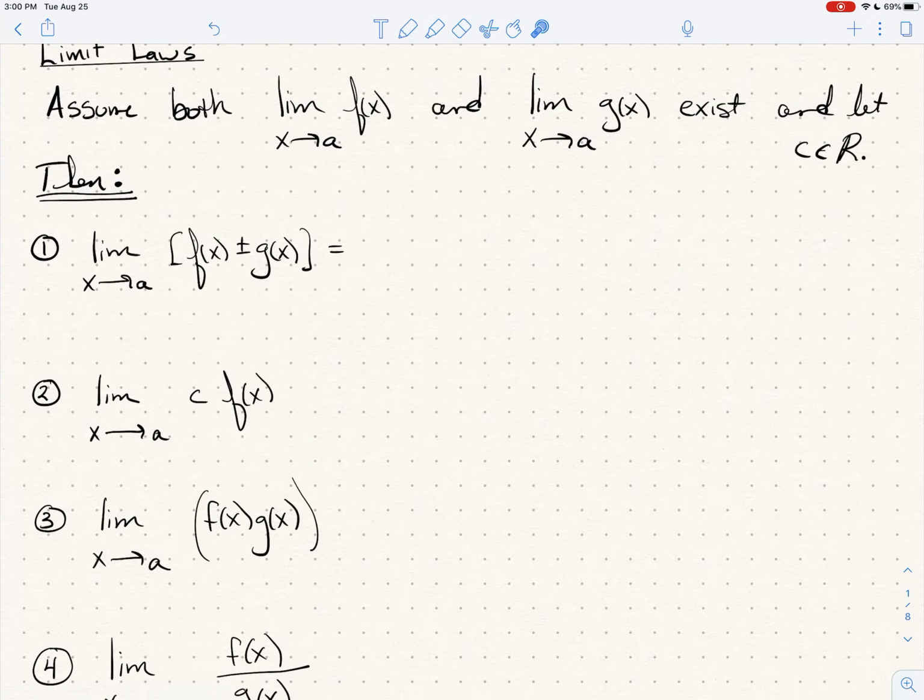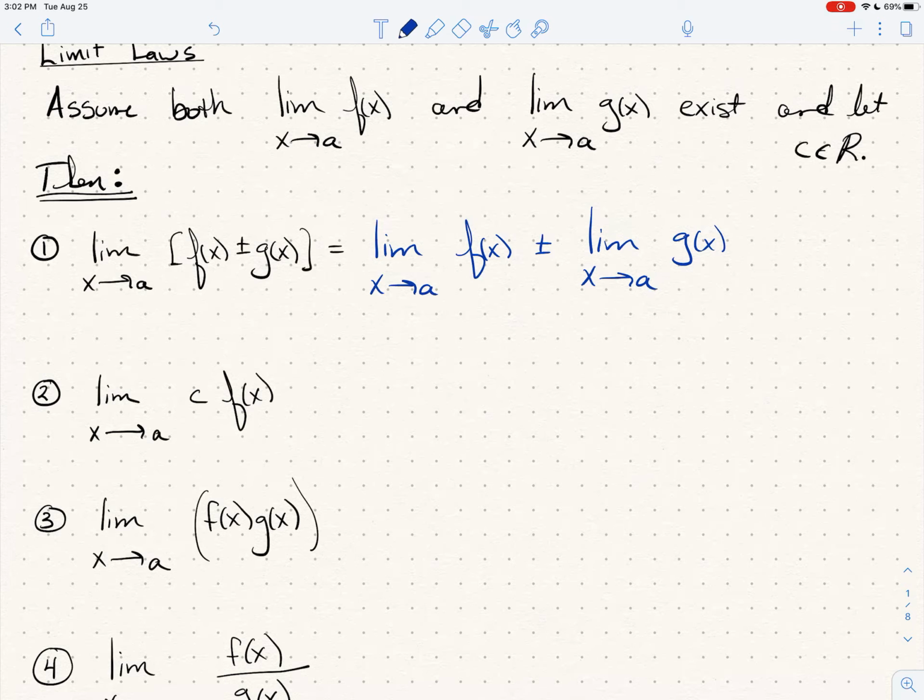First off, the limit of the sum of two functions, f plus or minus g of x, is exactly what you think it should be. It is the limit as x goes to a of f of x plus or minus the limit as x goes to a of g of x.